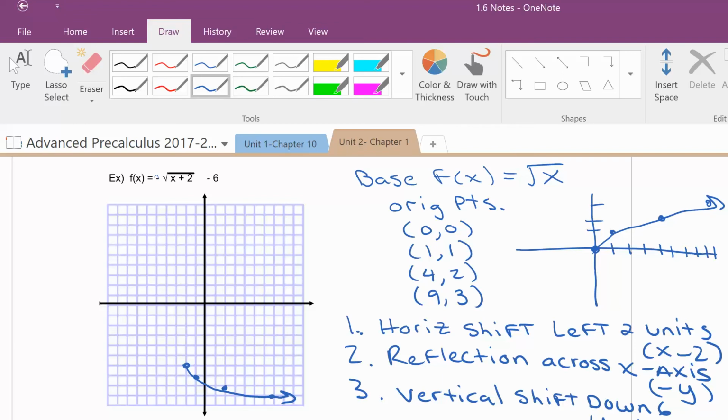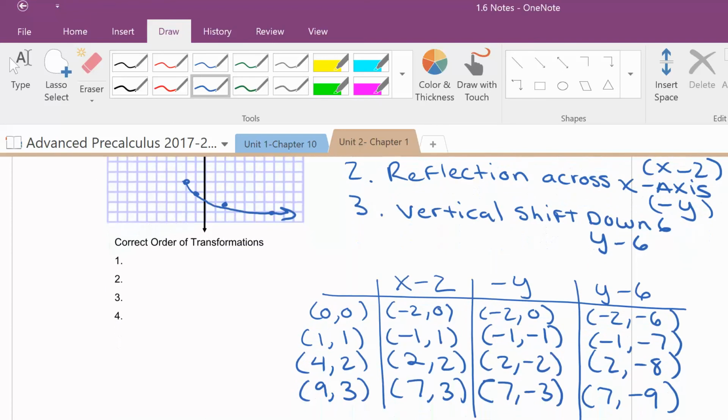All right, so the correct order of transformations at this point: if there's a horizontal shift, that would be first. Then you're going to talk about reflection across the y-axis. That would be done second.